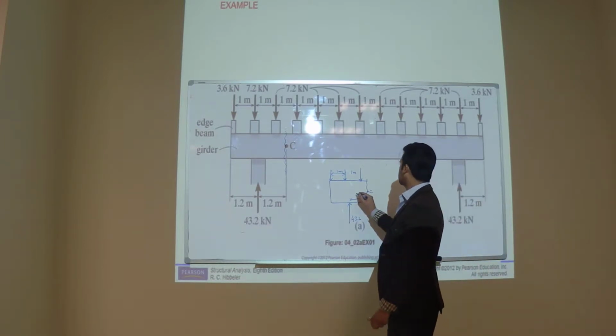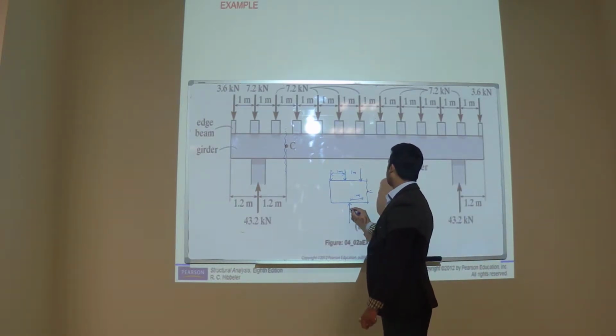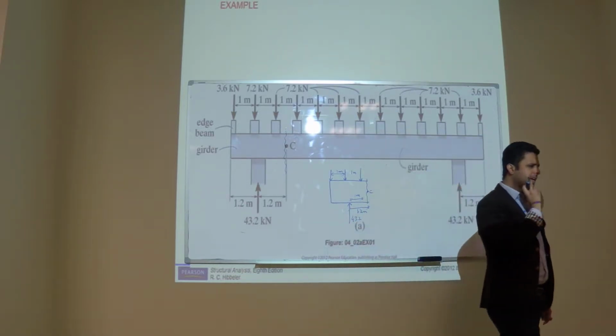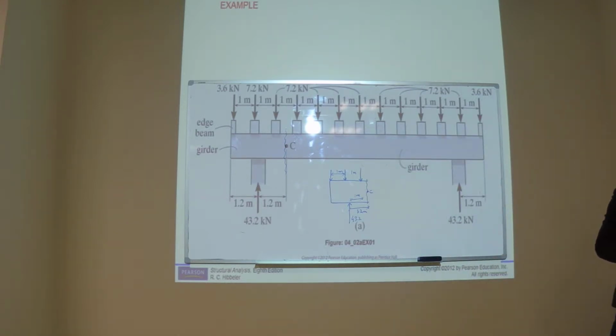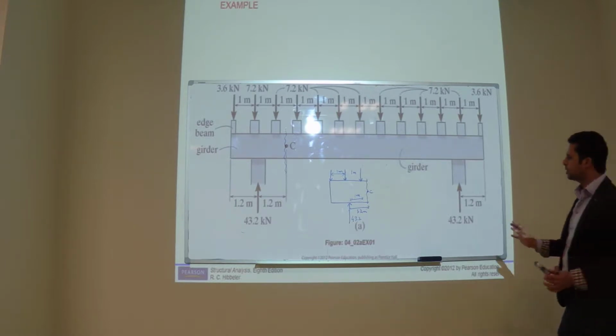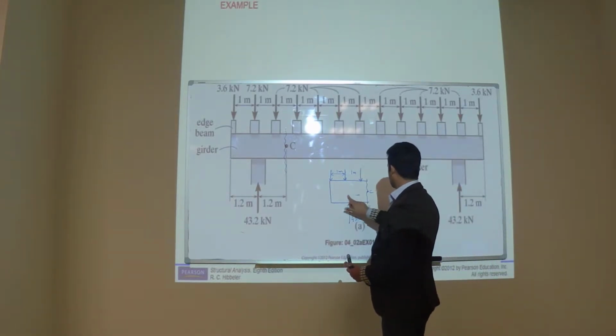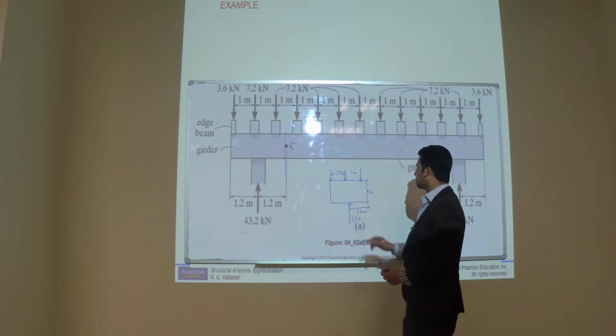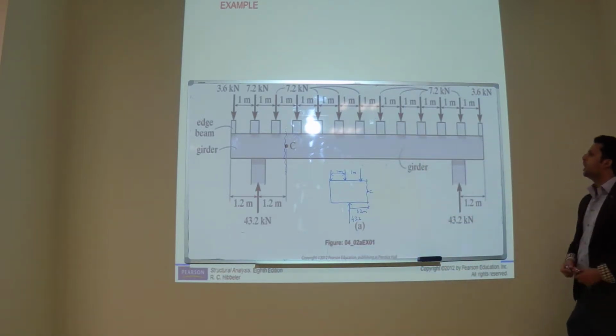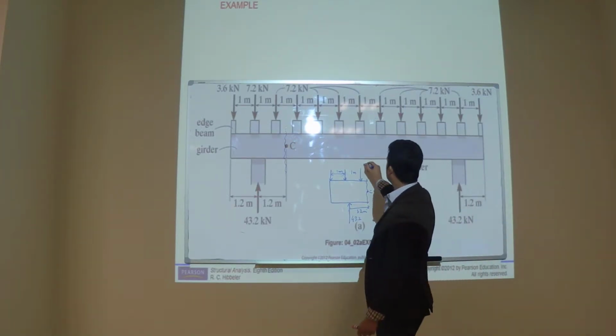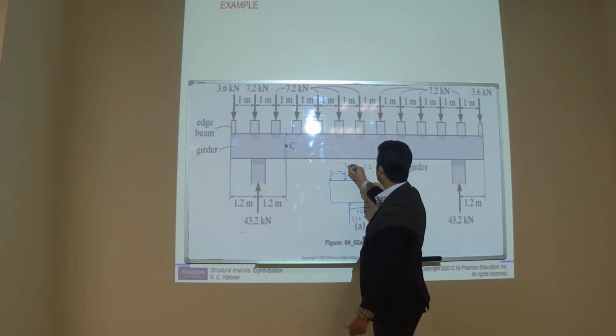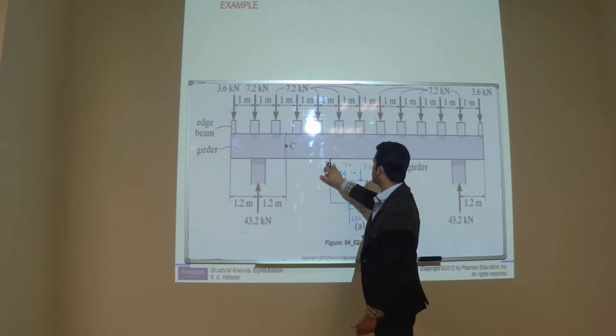This is 1 meter, and this distance is 1.2 meters, if I'm not wrong. Yes. We are not sure about this distance, I'm sorry. It's not given. Okay, how much is this load? 7.2 and 7.2. No, 3.6, the exterior. Yes.